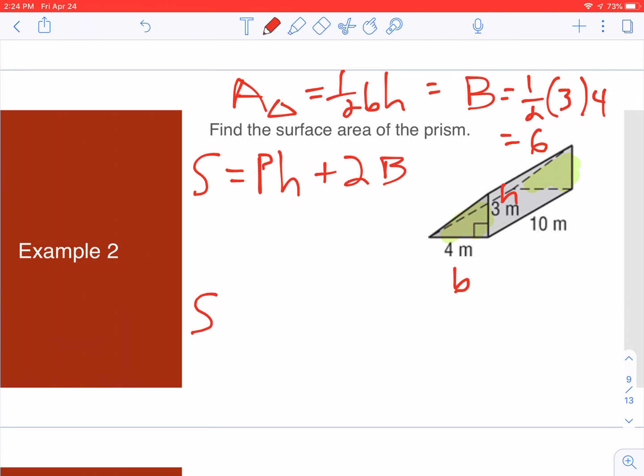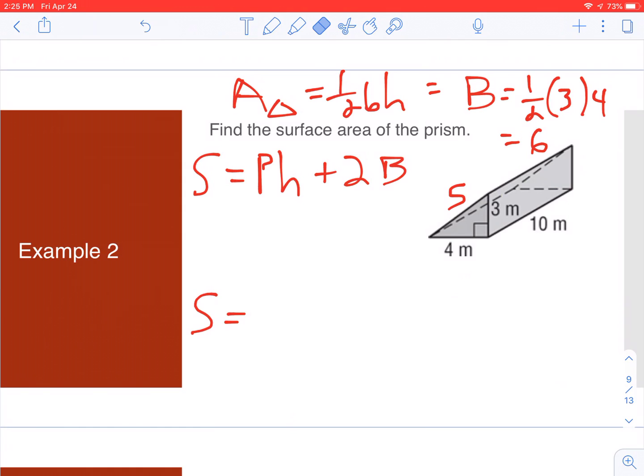The perimeter is, and actually I'm going to fill in this number, the hypotenuse here is 5.